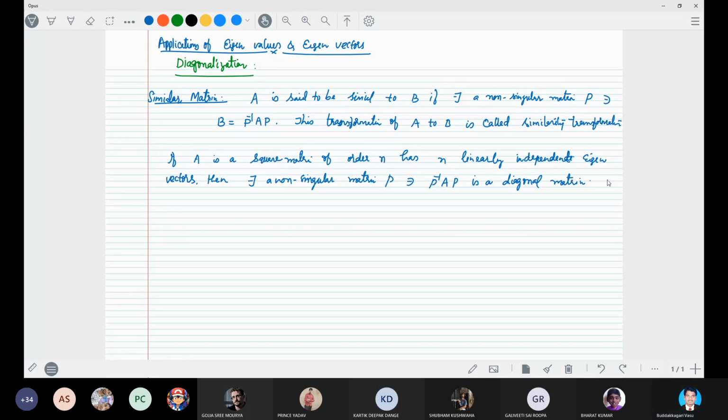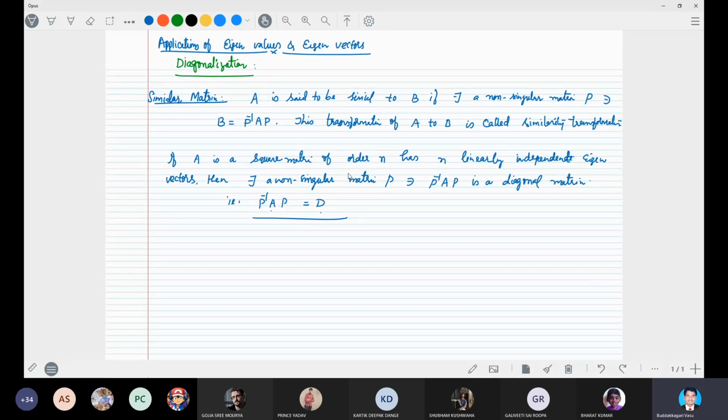Okay, that is, P inverse AP is equal to D. That means A and D are similar matrices. A is similar to D. Okay, understand? This matrix P is the transformation matrix, right? This P inverse AP gives you a diagonal matrix.